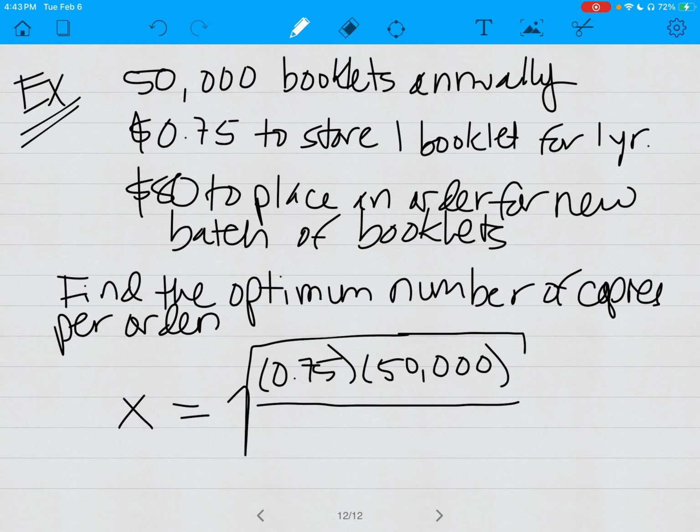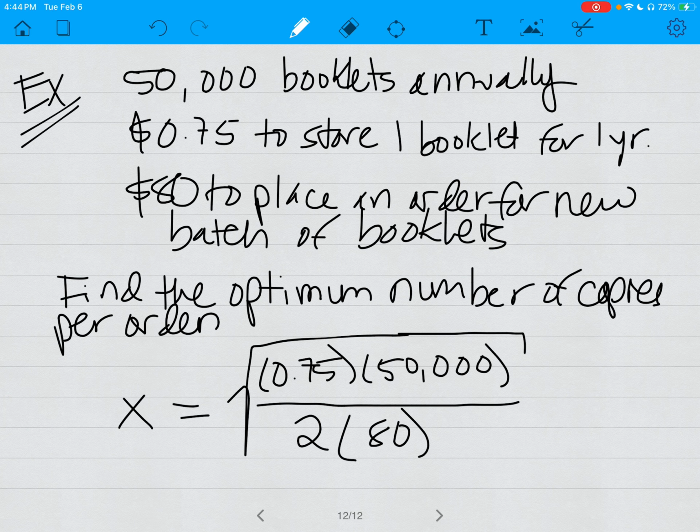In the denominator, we have the number 2. And then lowercase letter a, fixed setup cost to manufacture the product. So the fixed setup cost is 80. Okay. So that's all we're plugging in.